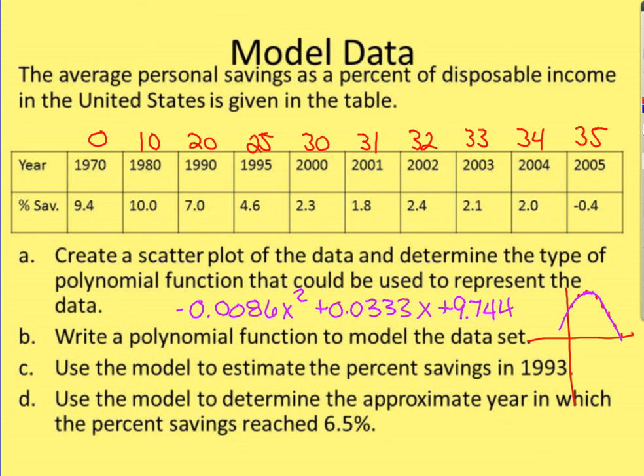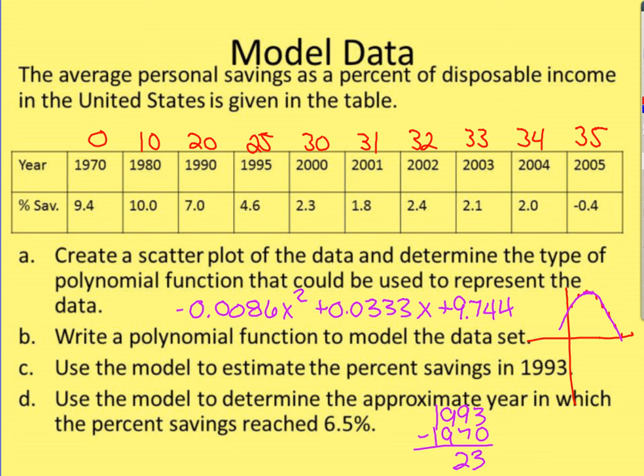So on part B, it says write a polynomial function. We've just done that. On C, we're going to use the model to estimate the percent of savings in 1993. So 1993, if we take a look at our numbers, is 23 years after 1970. So we would plug in 23 as our X value.